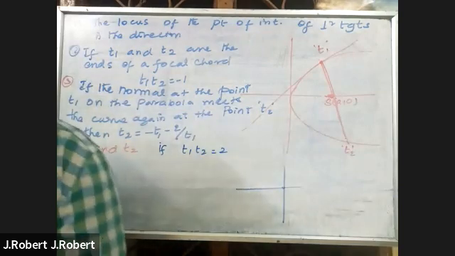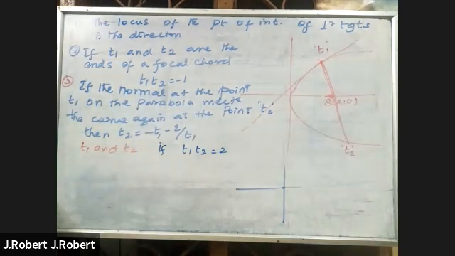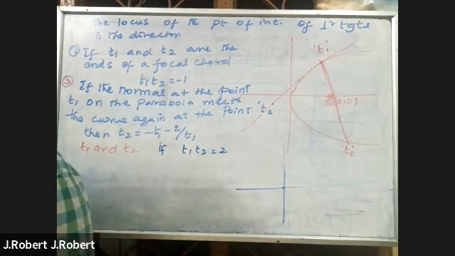Again I'll repeat: the normals at the points T1 and T2 on the parabola will intersect on the parabola if T1 T2 is equal to 2.